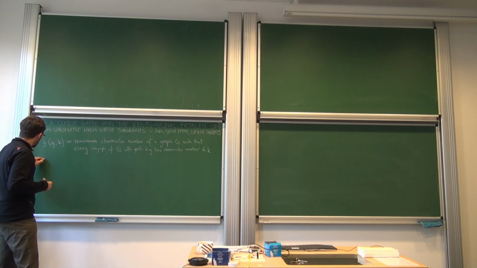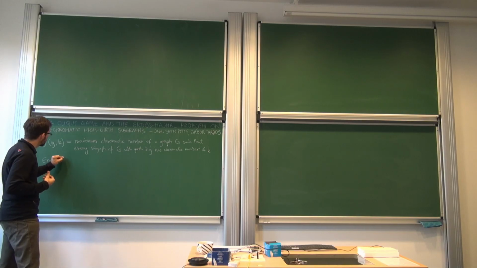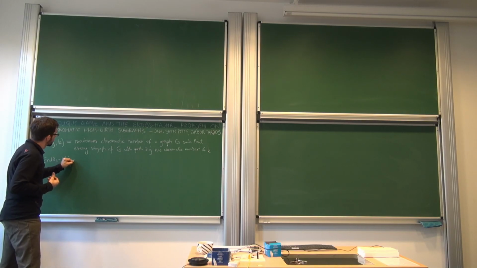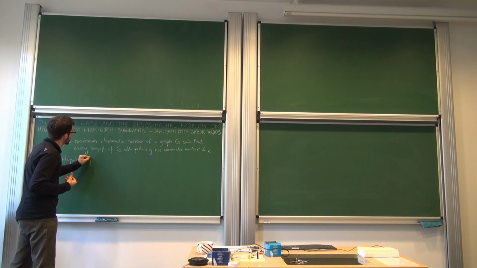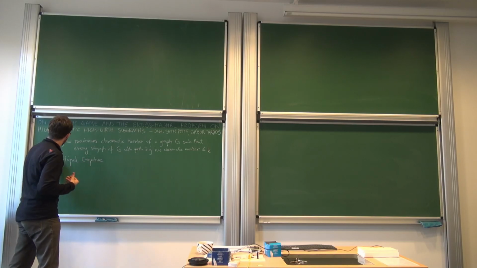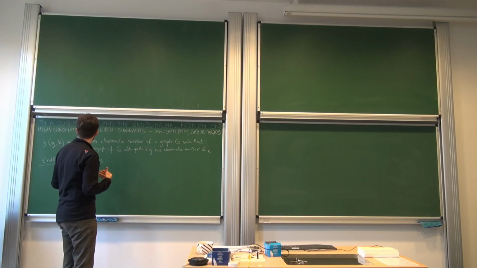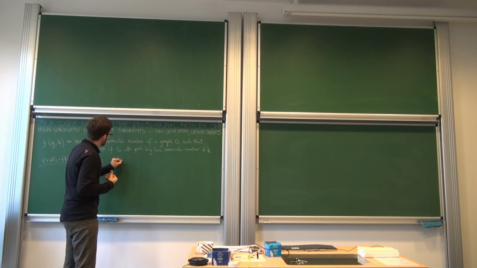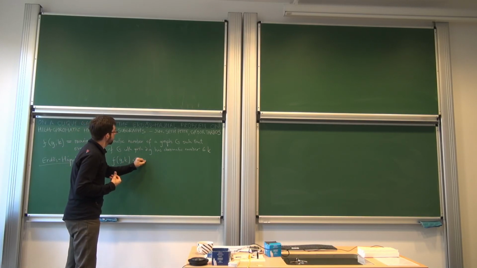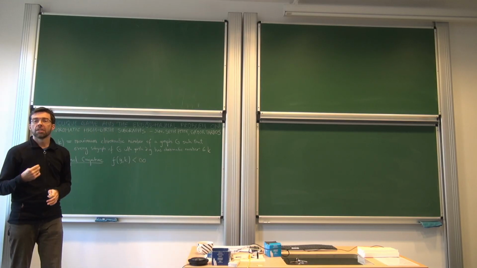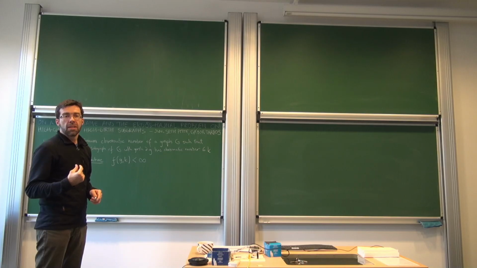And the question of Erdős and Hajnal, which is now more often referred to as a conjecture. So one of the conjectures of Erdős and Hajnal is that f of g, k is finite for any g and k.